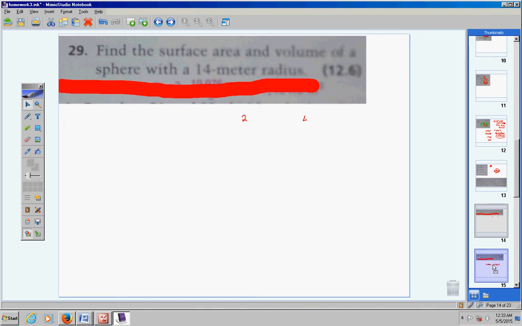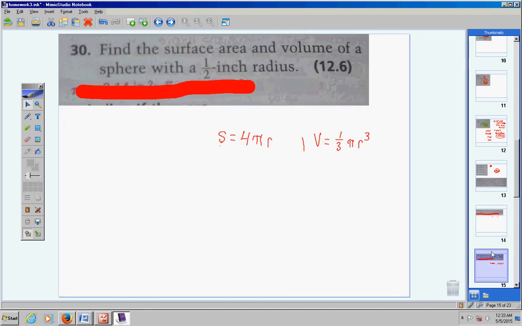And here we go. We're going to find the surface area and the volume of a sphere who has a half an inch radius, so pretty small, a half an inch radius. So let's see what we can come up with on this.